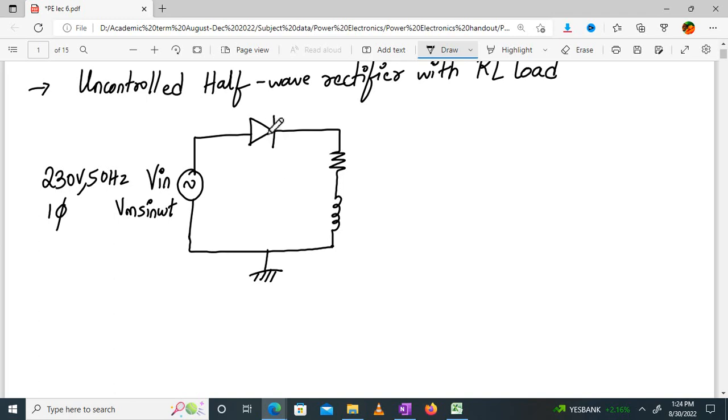This D is my power diode. This is my R and this is my L. Let me write R and L inside. And this is my output voltage. Okay, fine.